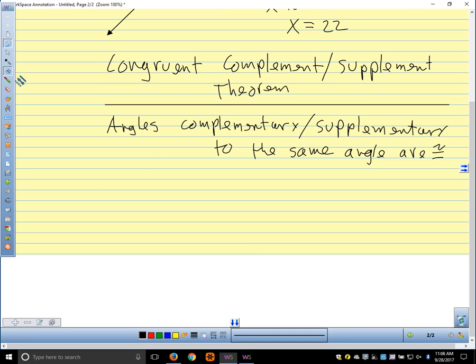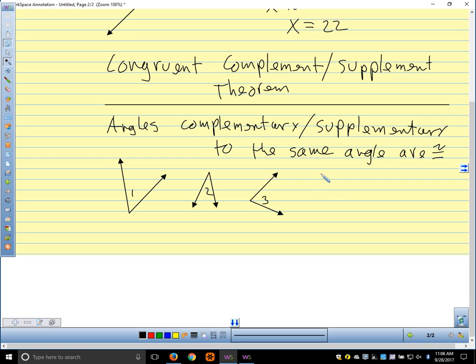So let's draw a picture of what we're talking about here. So I have this angle 1, and I'm just going to talk about the complement part for now. I'm going to call this 1, 2, and 3.